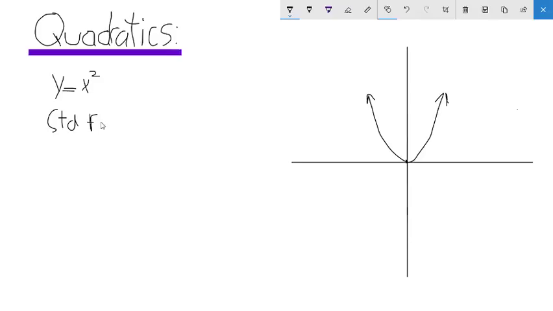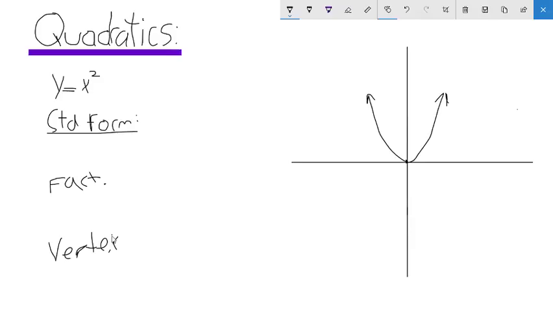You also have factored form. And you have vertex form.